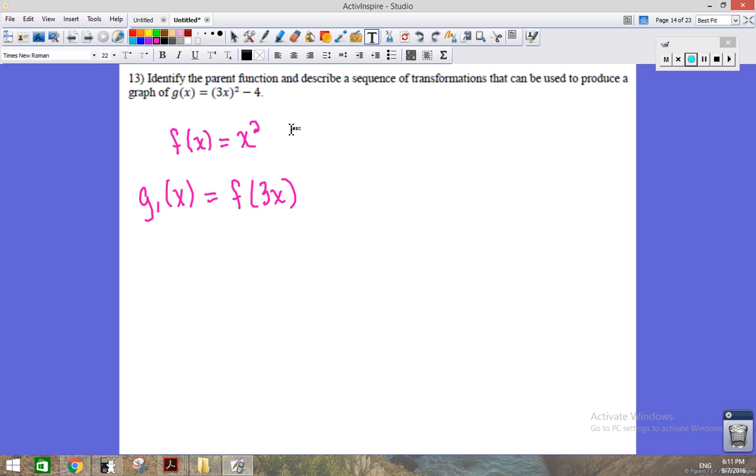So let's type out our answers here. So the parent function is the quadratic function, or if you put squaring function, that's fine.